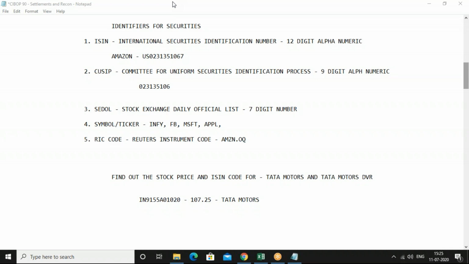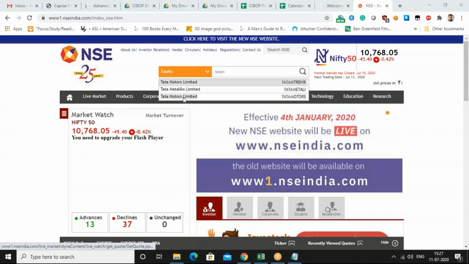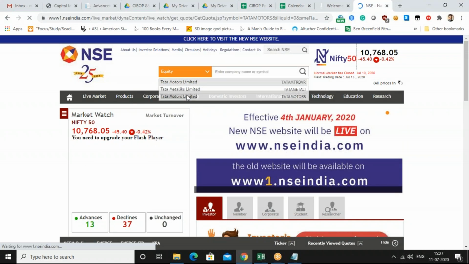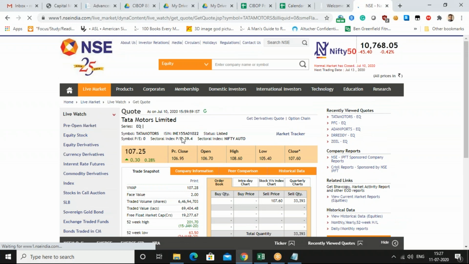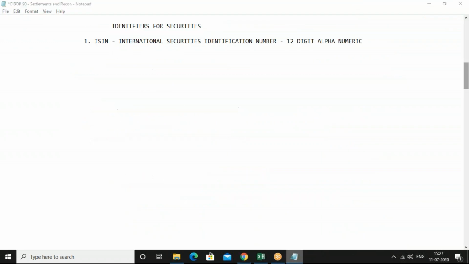Let me show you guys. So if you go to the NSE website, right? So you have Tata Motors and Tata Motors DVR. So if you go to Tata Motors, right? So the ISIN is this INE 15 whatever 15. Hang on.